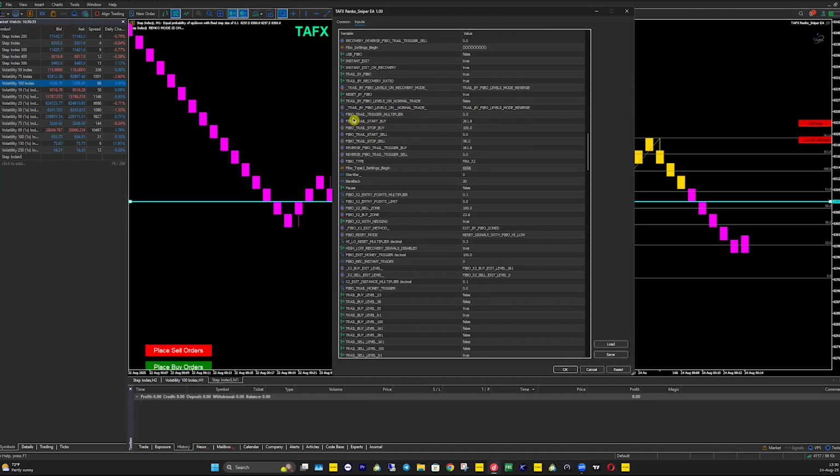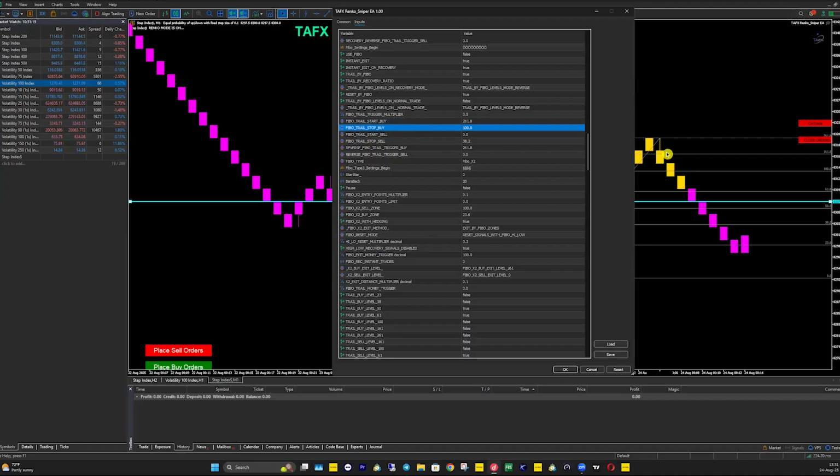If you check it here, you'll find we have the Fimbo trailing trigger amount. Forget about that. But we also have the trailing multiplier, not the trigger money. I think the trigger money was for here. But now I want you to check these Fimbo trailing start buy, Fimbo trailing stop, sell, buys, sorry, all right?